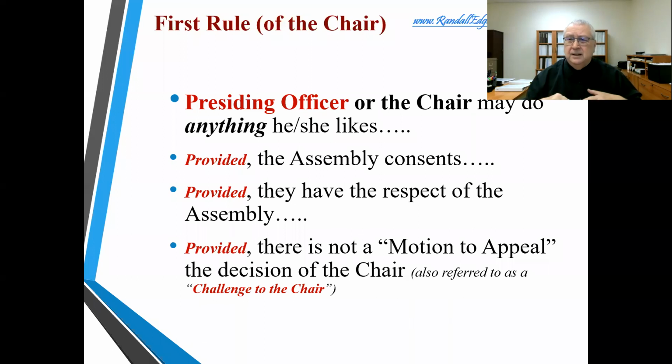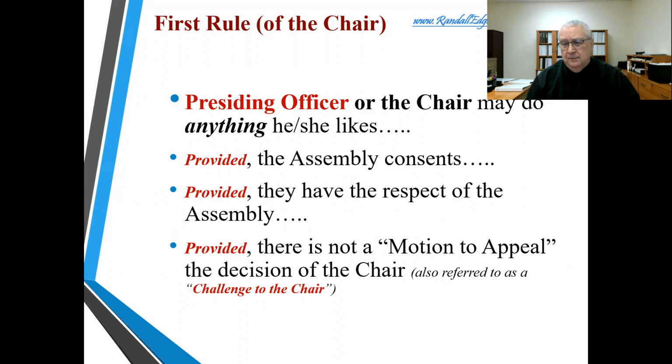The partnership is that the presiding officer has a working knowledge of Robert's Rules of Parliamentary Process, and the assembly has a working knowledge of Robert's Rules and Parliamentary Process. If the chair has all knowledge and the assembly none, things do not go well. If the assembly has a lot of knowledge and the presiding officer is inexperienced and has no knowledge, things do not go well. Things only go well when there is a balance between the two.